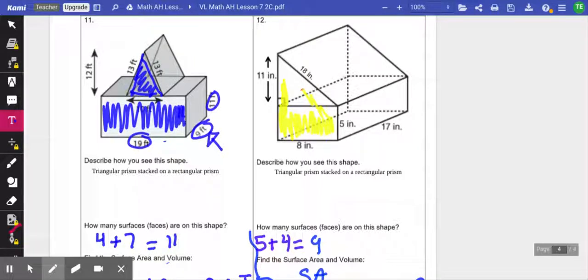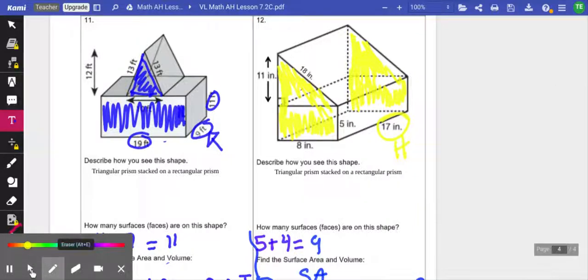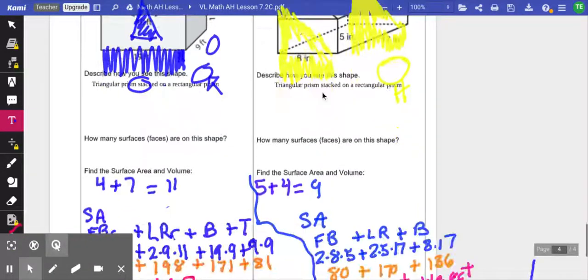That's my base. And if that's my base, I know it's my base because I have another one right back there. So they're parallel and they're congruent. If that's my base, then the height of my prism is the distance between my bases. So this right here is my height of my prism. Okay, so when I went and found the volume, I did area of my base times the height of my prism.